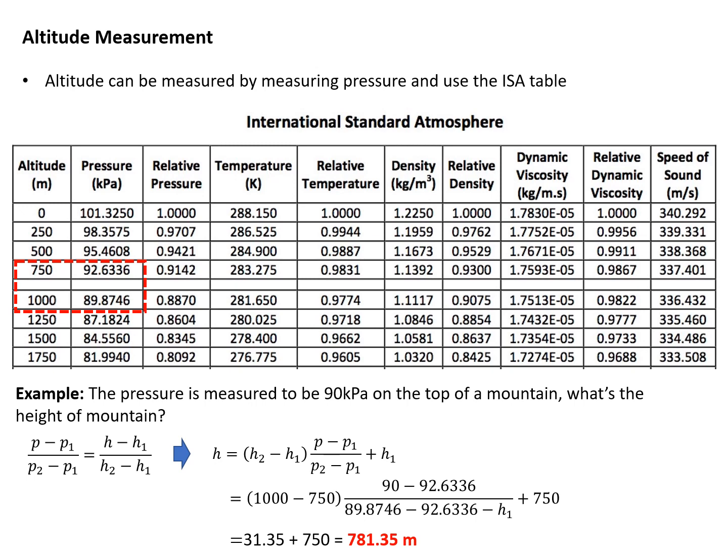We define H2 as 1,000 meters, H1 as 750, and P2 and P1 are the relevant pressures at different locations. Eventually we get the altitude of 781.35 meters. So this is how we can make use of the ISA table to get the altitude.